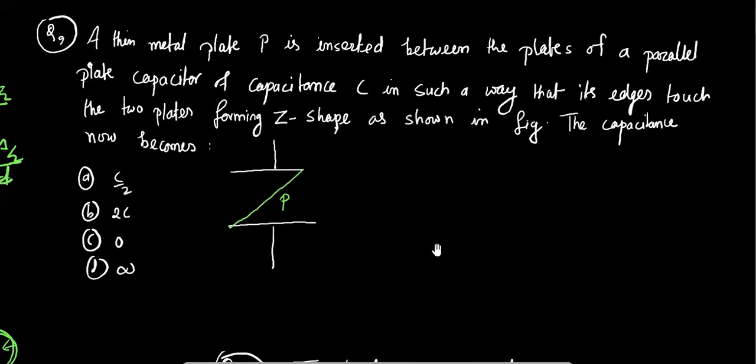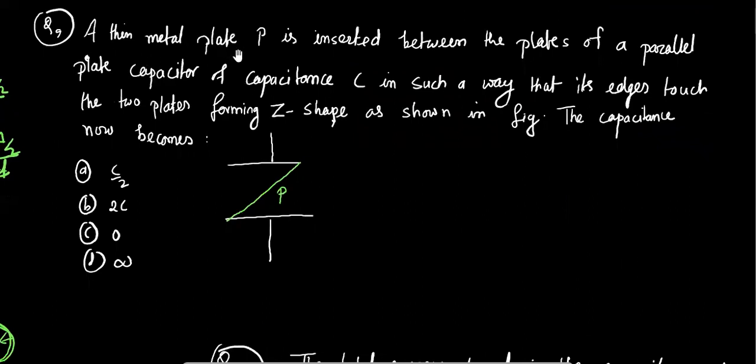Okay, now we are going to solve question number 9. A thin metal plate P is inserted between the plates of a parallel plate capacitor of capacitance C in such a way that its edge touches the two plates, forming a Z shape as shown in the figure.